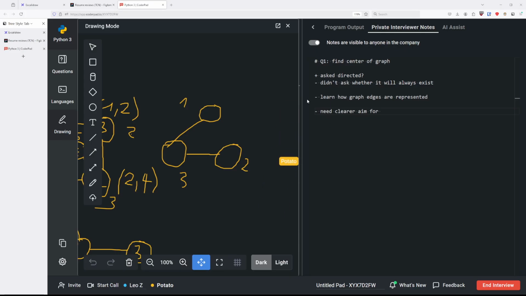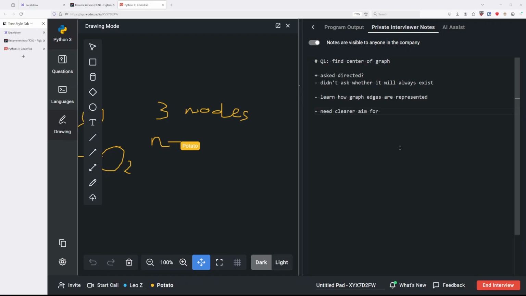So we have 3 nodes and then maybe n minus 1 edges, where n is the number of nodes that we have.